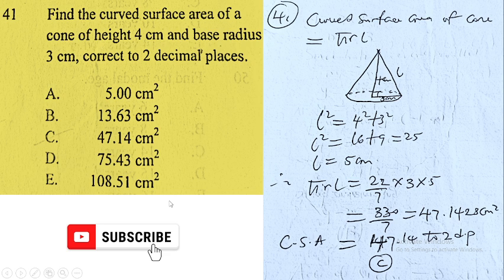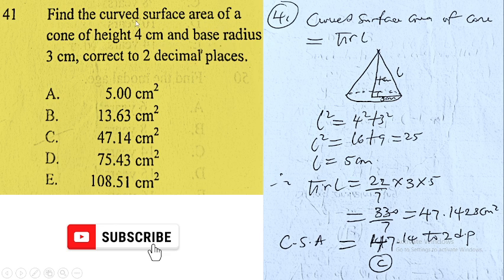Now question number 41, and that one is on solid shapes. And here we are going to work on a cone. Find the curved surface area of a cone of height 4 centimeters and base radius 3 centimeters, correct to 2 decimal places.